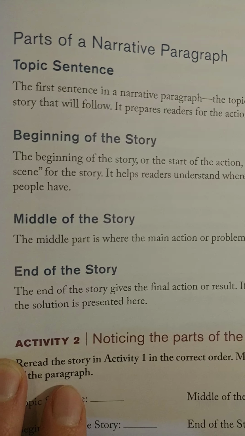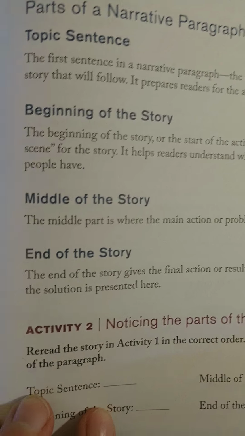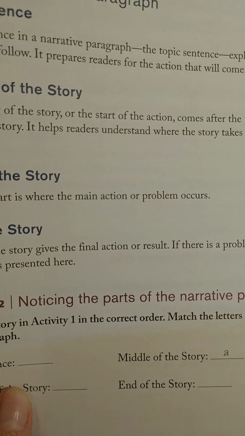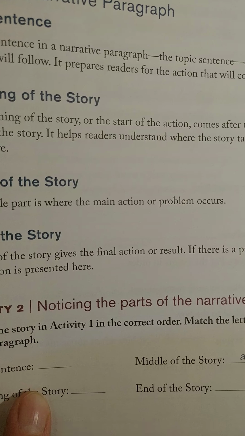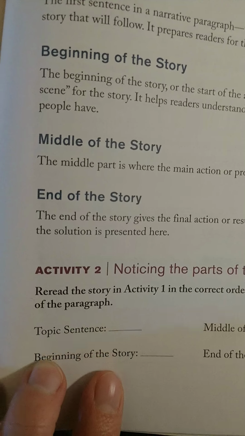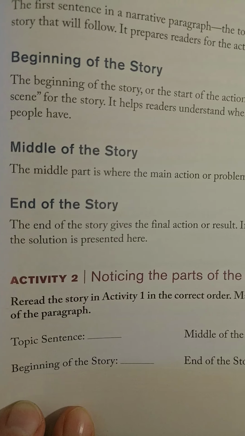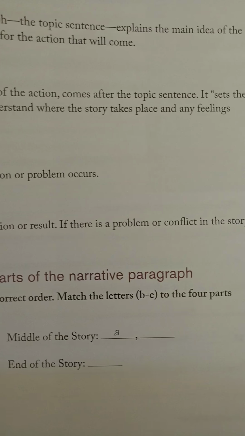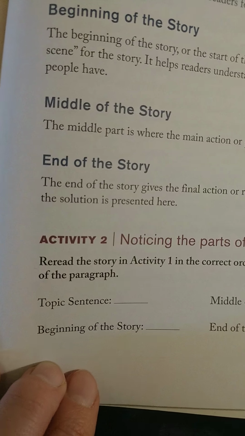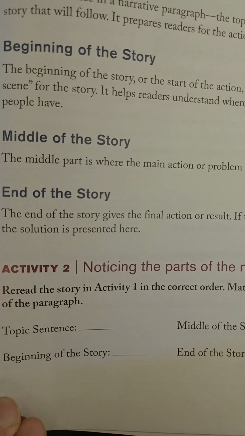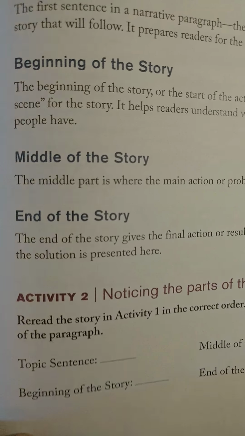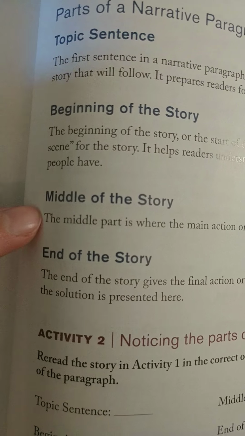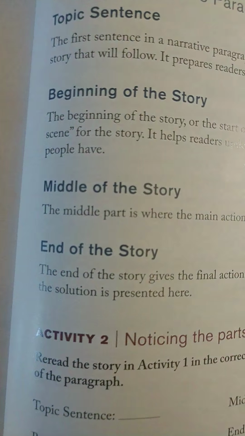So this gives the background. The middle of the story is where the main action or problem occurs. And then we have the end of the story, which gives the final action or result. If there is a problem or conflict in the story, the solution is presented here. So after your topic sentence, these are the 3 main parts of a narrative.